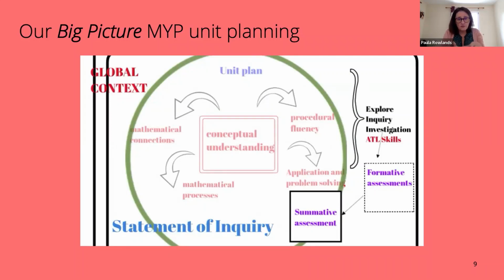So the heart of our unit is our mathematical concepts and our big picture concepts, the key concept and the related concept. And around that, we then think, well, what skills do we want them to have? And then our mathematical processes, do we want to focus on reasoning, problem solving, communication?